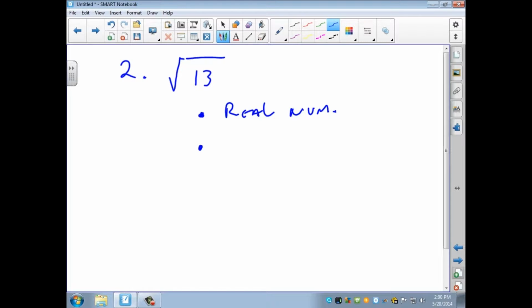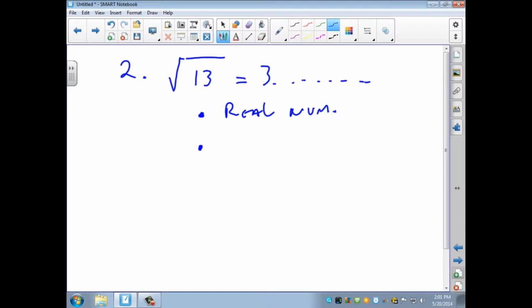Now, second question, is this a whole number? Of course not. It has a fraction, right? It's not a natural number. It's not a whole number. It is not an integer. Then the next question is, is it a rational number or an irrational number? Well, if you use your calculator and take the square root of 13 and write it as a decimal, you would get 3 point something, and it will continue.